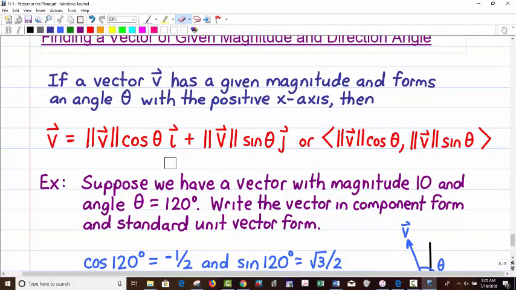I wrote this in both standard unit vector form and component form. So the vector v, let's say you had the length or magnitude, often given as force. You just take the magnitude times cosine of theta and magnitude times sine of theta. Those are your two components.